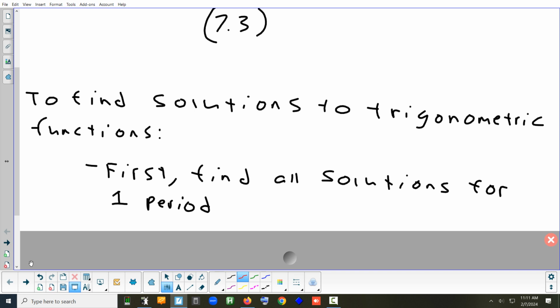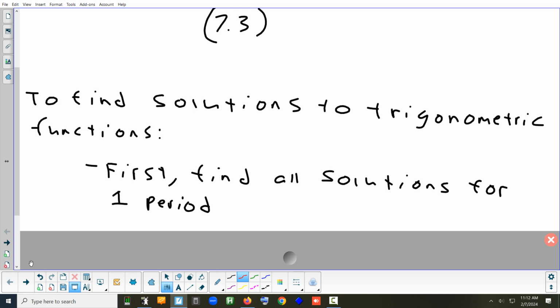It's t equals something over b. Something over b, where b is the thing in front of the x. Okay, 2 pi over b.